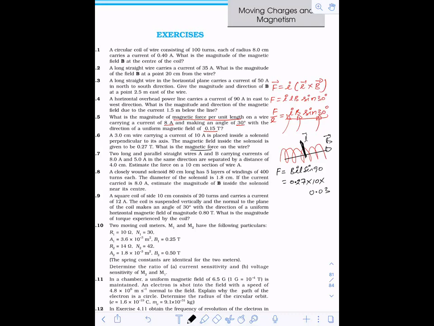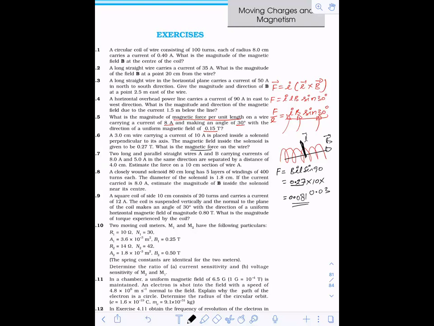So 0.27 into 0.03 gives 0.0081, into 10 means 0.081.